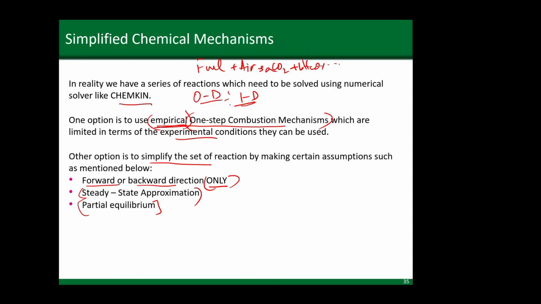But if you go to more practical situations, then you don't really want to be dealing with a chemical kinetic mechanism which has 100 species, 1,000 reactions. That's just not feasible, right? So that's why we will spend time looking at these two options as well, which are again very practical, very realistic. They have their own limitations, of course, but they still make sense in a lot of cases.